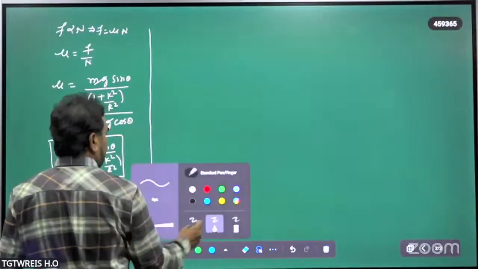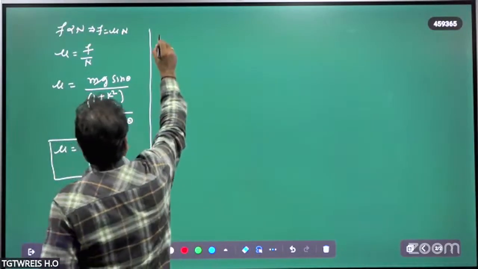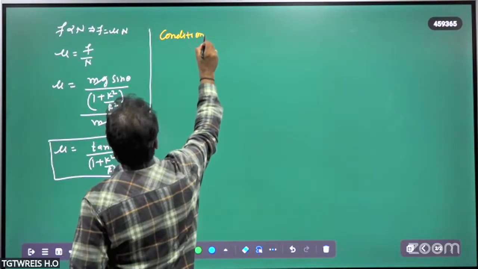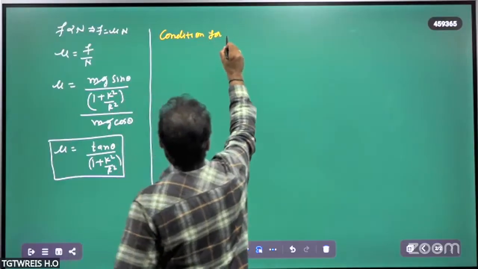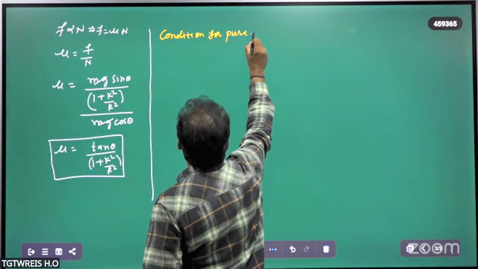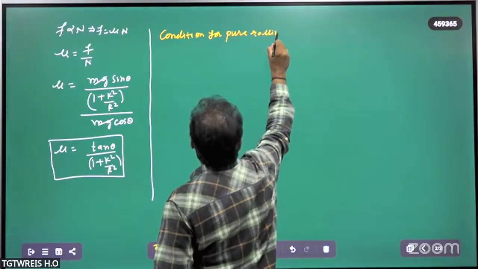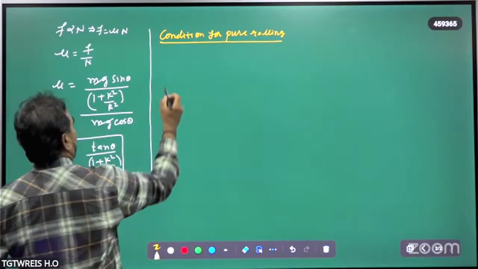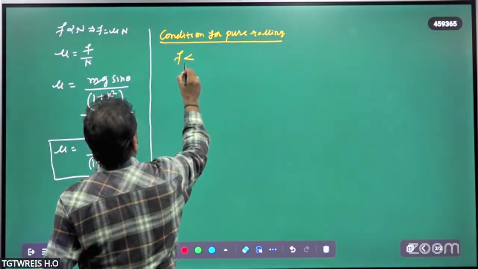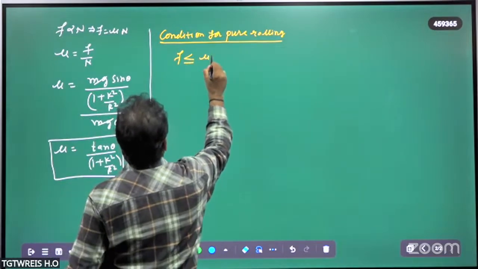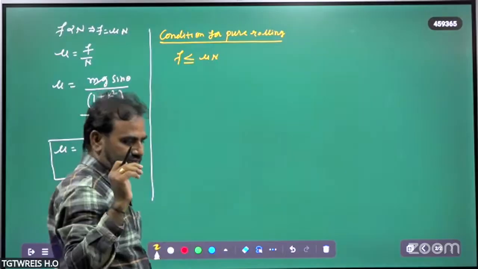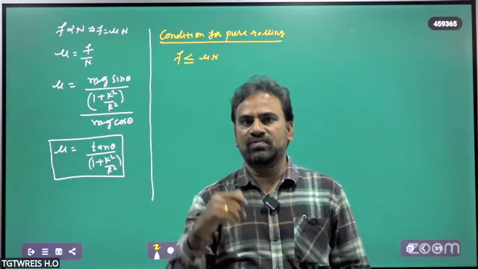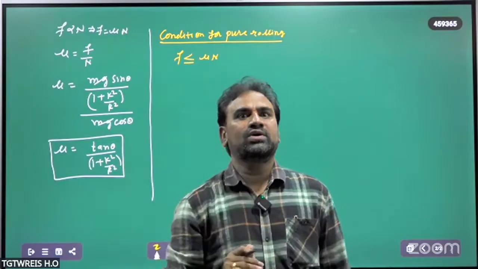So the condition for pure rolling is that the frictional force must be less than or equal to mu into N. In case of horizontal rolling, the condition applicable for pure rolling is V_CM is equal to R omega.